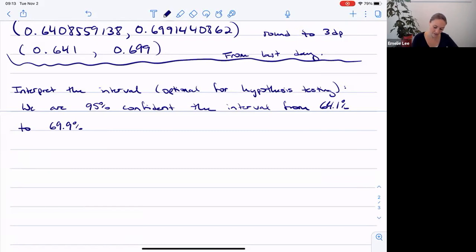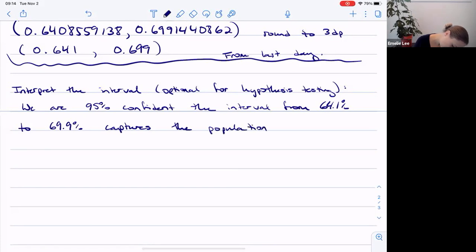So we're 95% confident that the interval from 64.1 to 69.9% captures the population proportion of Canadian adults that had an RRSP in 2012. I love using the word captures because it signifies that this thing is fixed. I'm going blind trying to figure out what it is. I don't know if it's been captured or not, but I'm 95% confident that I have.